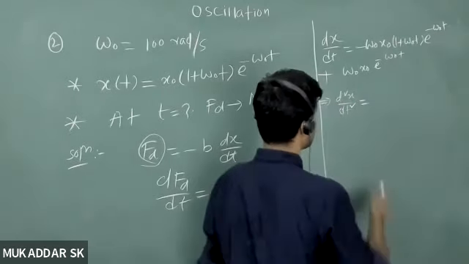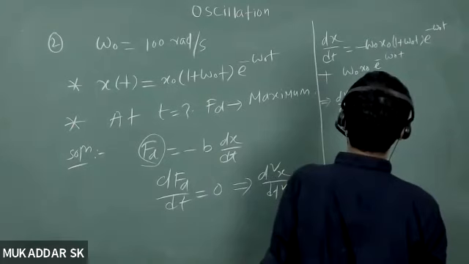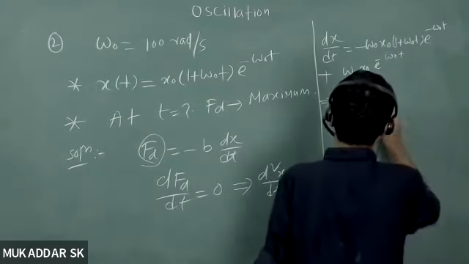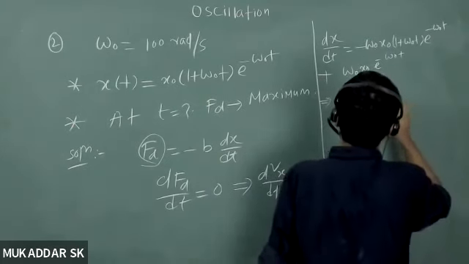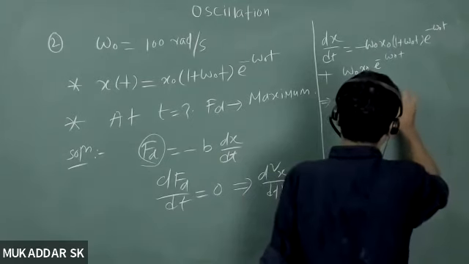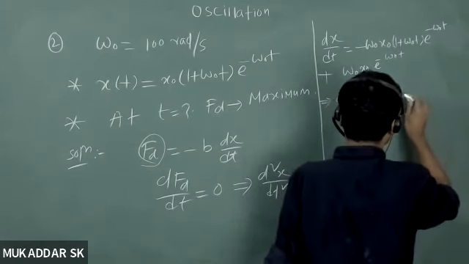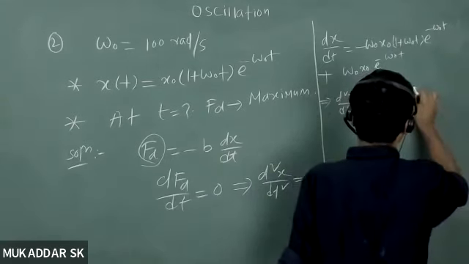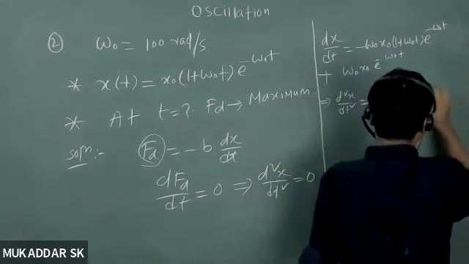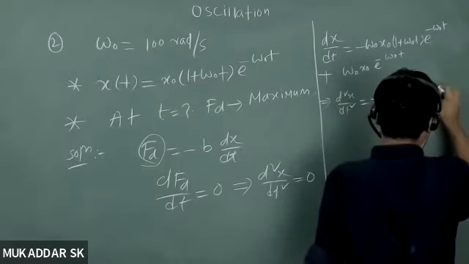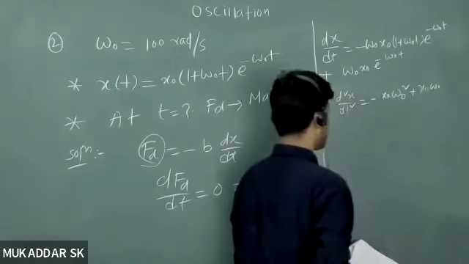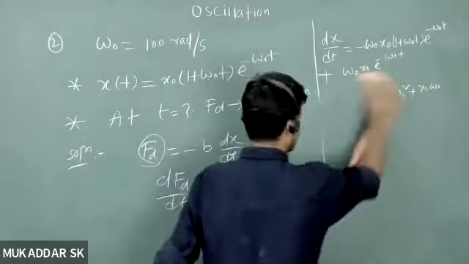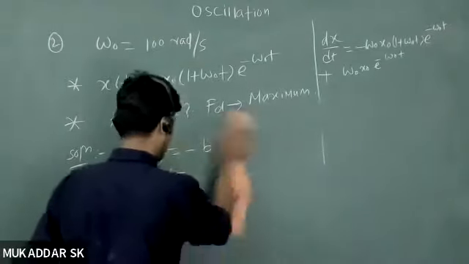So if you differentiate this equation, so first you will get x naught omega naught square, then you will have x naught omega naught on it. Let me write this side, it's not writing properly this side. This side I write.